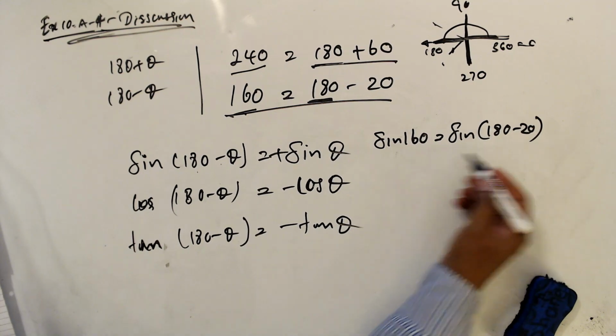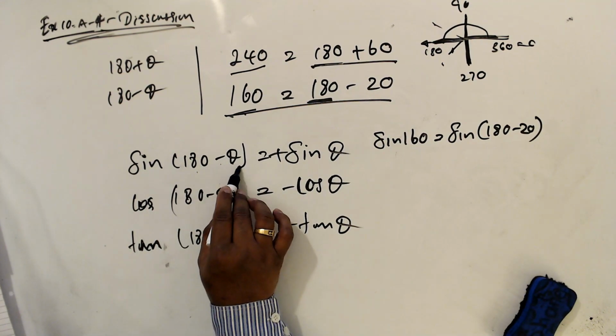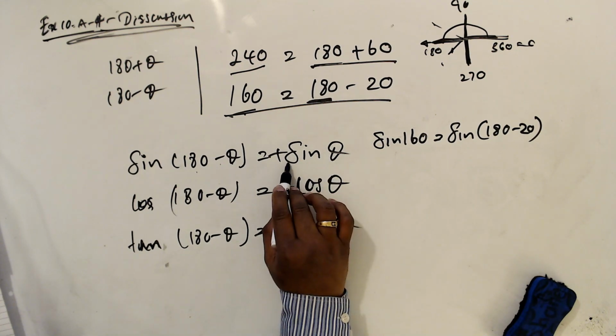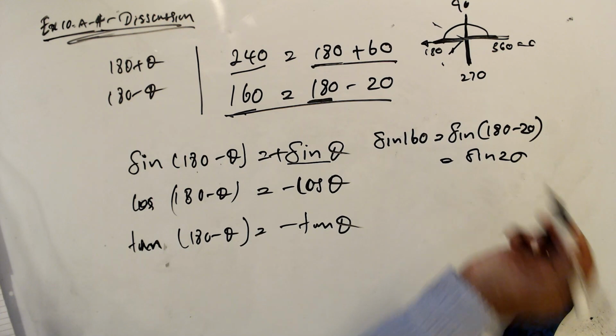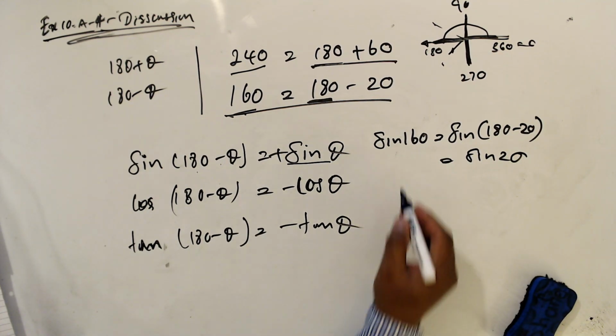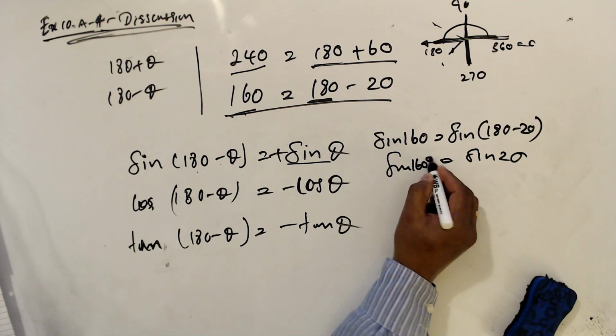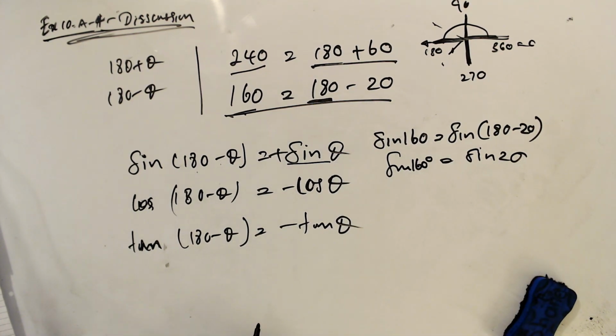Now what is the answer? Simply, you can write sine theta, sine 20. So sine 160, instead of sine 180 minus 20, the same answer you will get: sine 20.